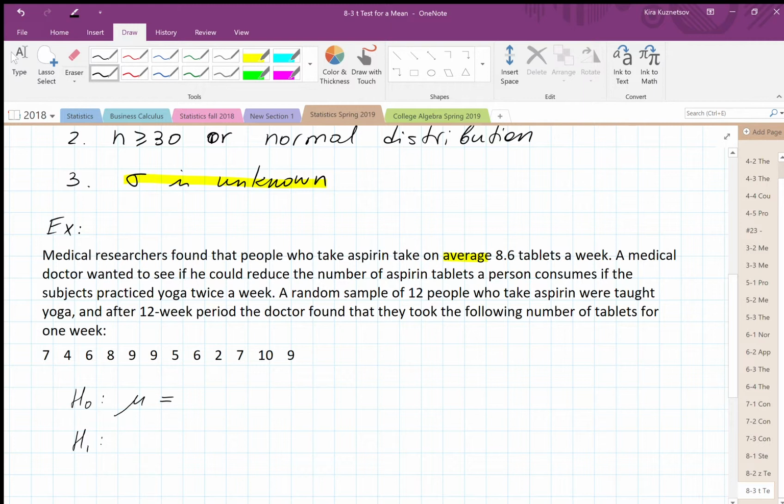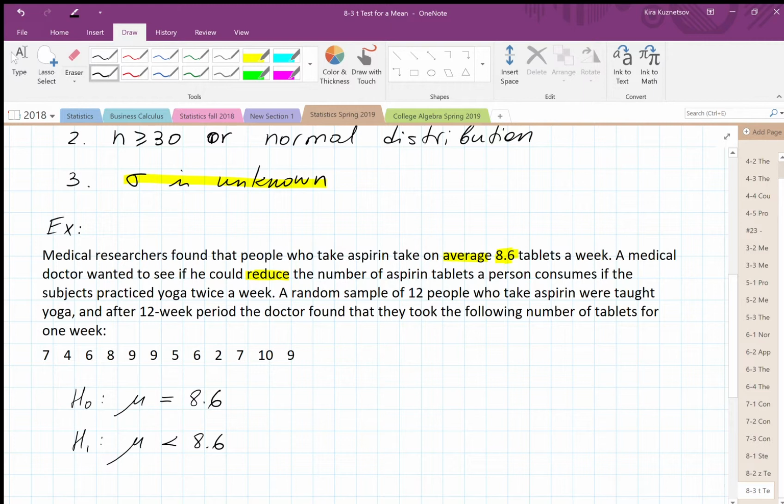I must have an equal to, and whatever the research showed on average. So this is that 8.6, that's right there. A medical doctor wanted to see if he can reduce. The word reduce tells me that this is a one-tailed test, that the mu is trying to be less than that 8.6.